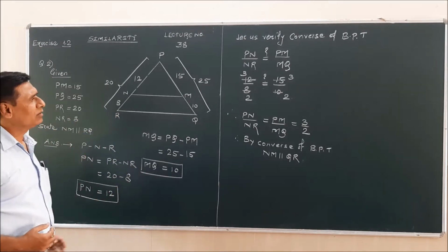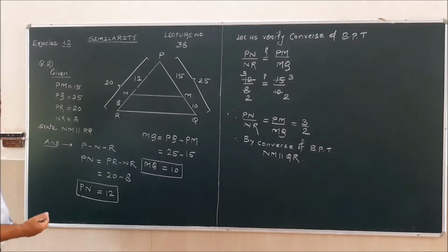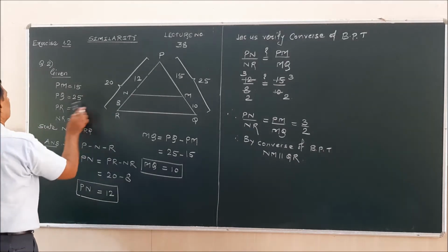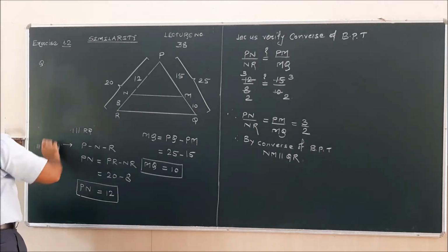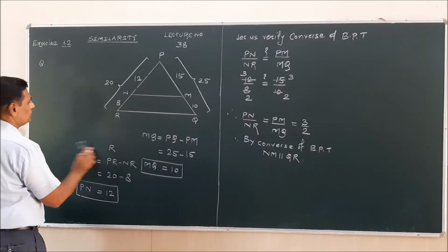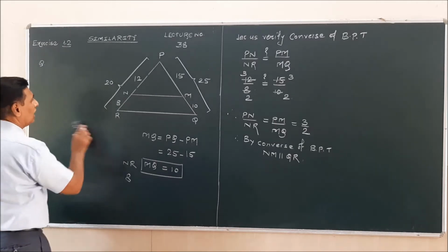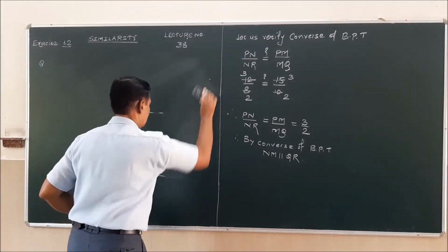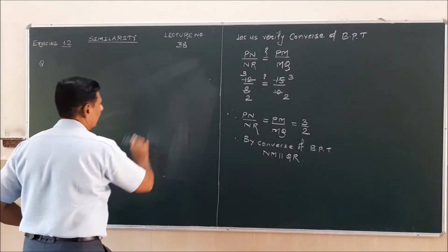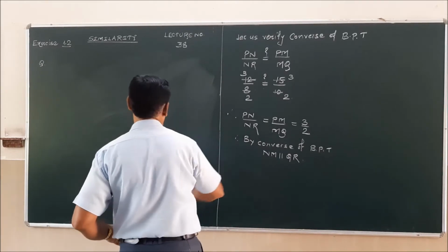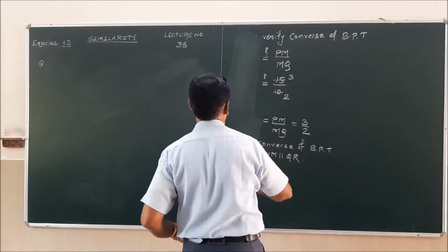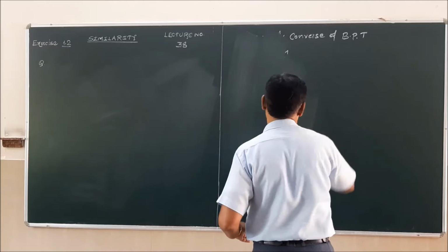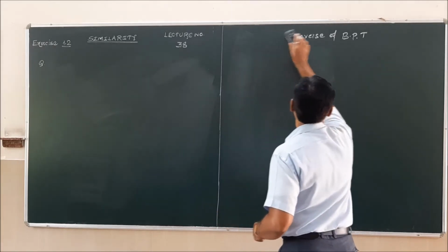Since they are collinear points, you can very easily find out the values. Let's do question number 3 now, because in this exercise all questions are based on only two things: BPT or angle bisector. We have to verify that only. Not so difficult.